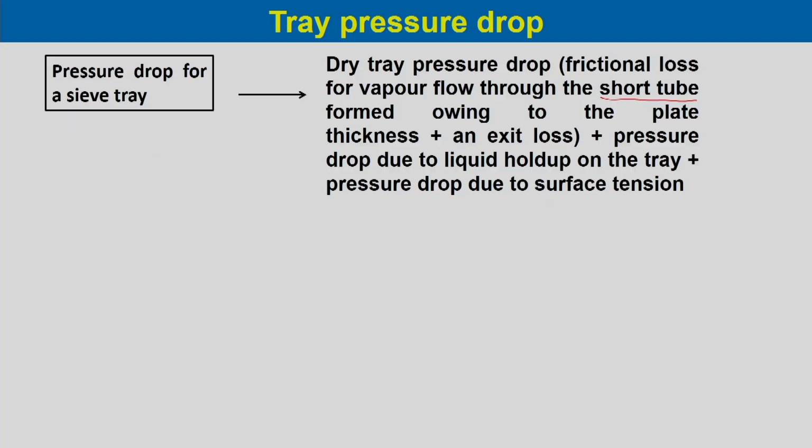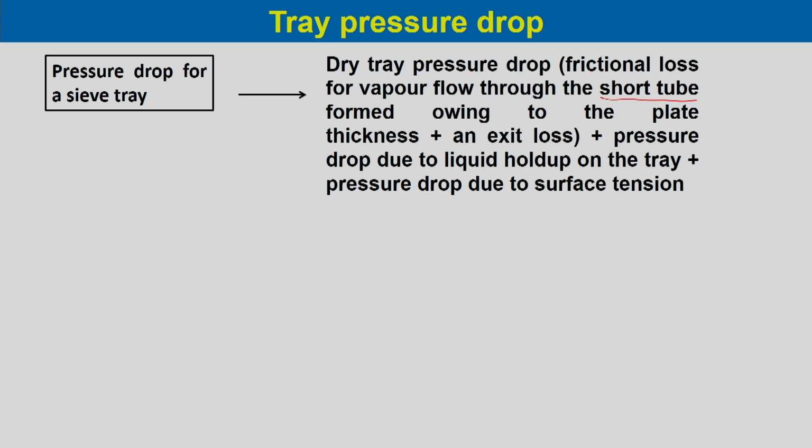So, when the vapor flows through that, you consider a vapor flowing through a short tube due to the thickness of the plate, plus an exit loss, plus pressure drop due to the liquid hold up on the tray, plus the pressure drop due to surface tension. So, all this has to be accounted for.